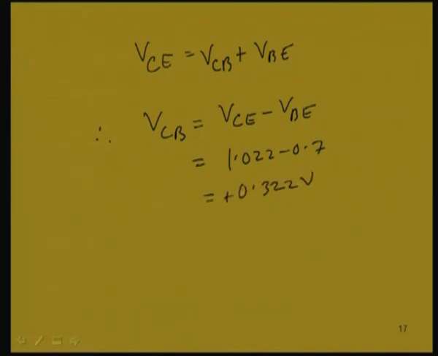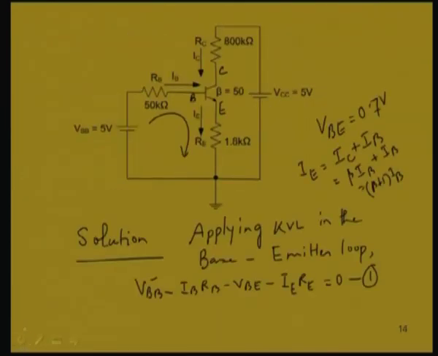Now, this is a positive voltage. Since VCB is positive, and knowing that the transistor used here is an NPN transistor, if we look back into the circuit, this is an NPN transistor, the collector to base junction is reverse biased, because the voltage biasing the collector to base region is 0.322 positive.